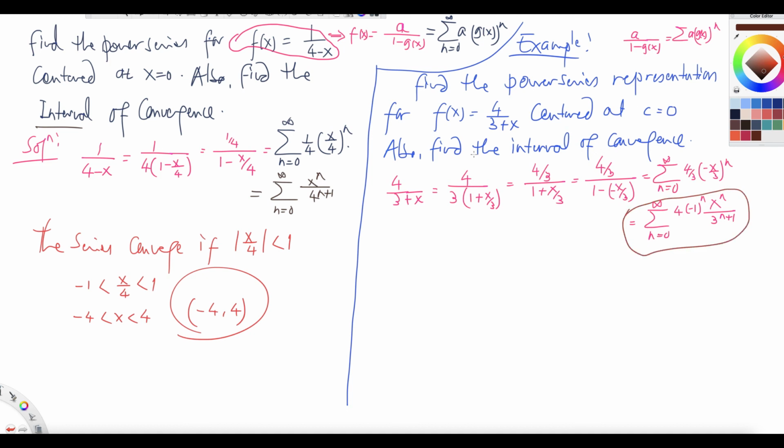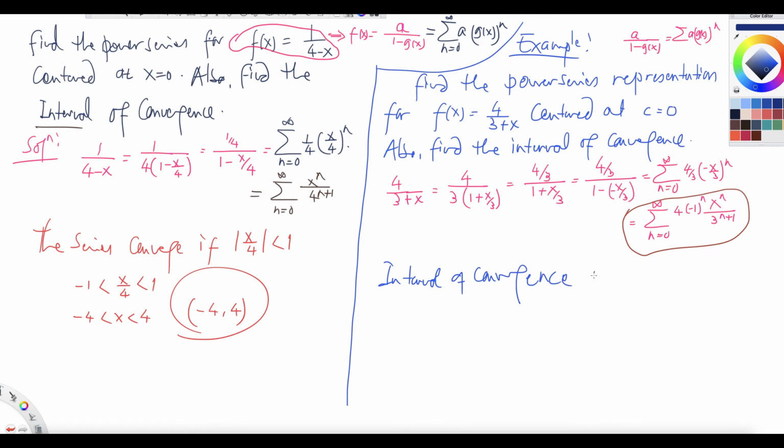But here I want to find the interval of convergence. How do I find the interval of convergence then? So let us try that. To find the interval of convergence, this is a geometric series with common ratio negative x over 3. This series converges if the absolute value of the common ratio is less than 1.